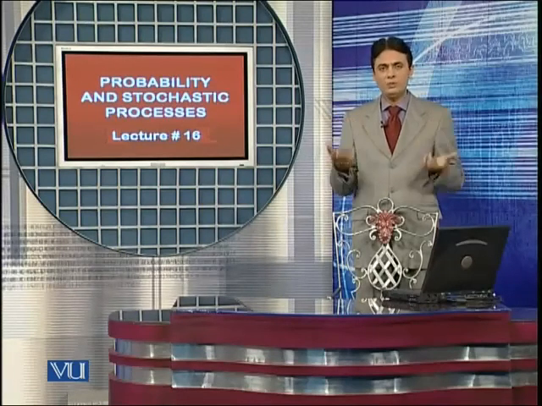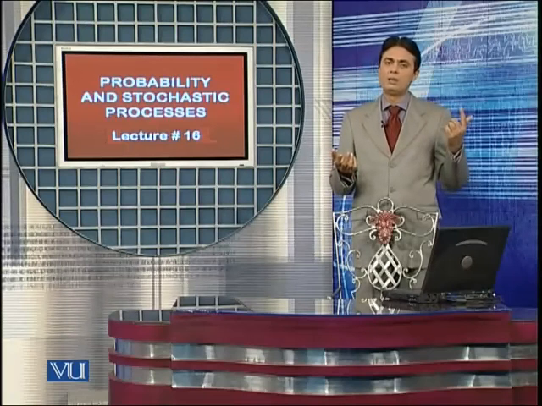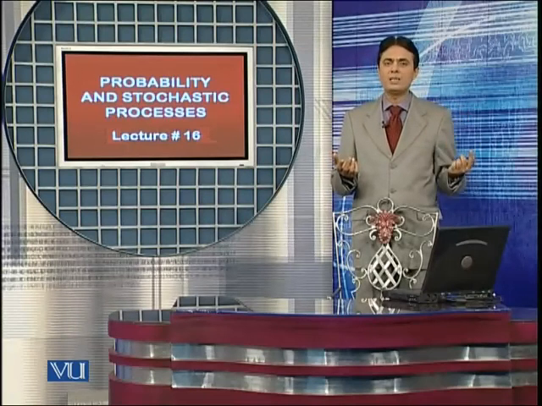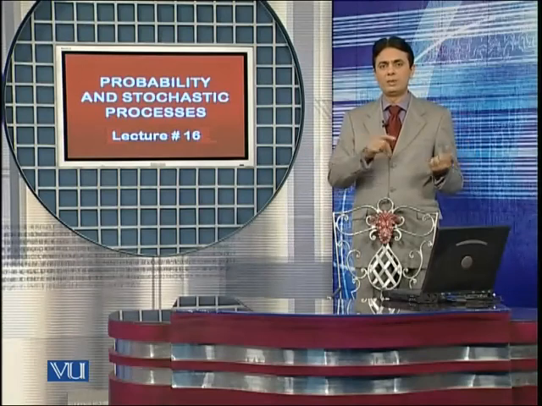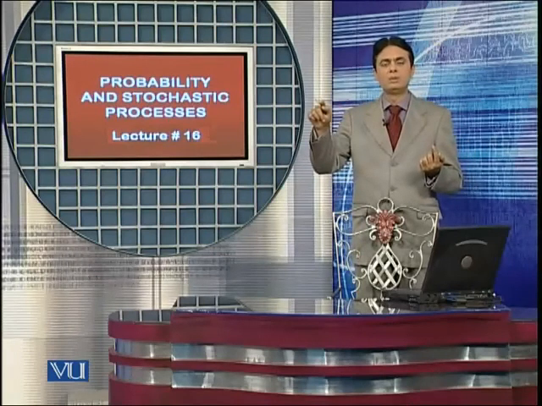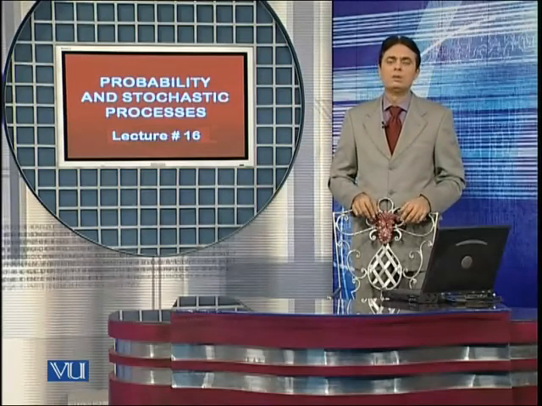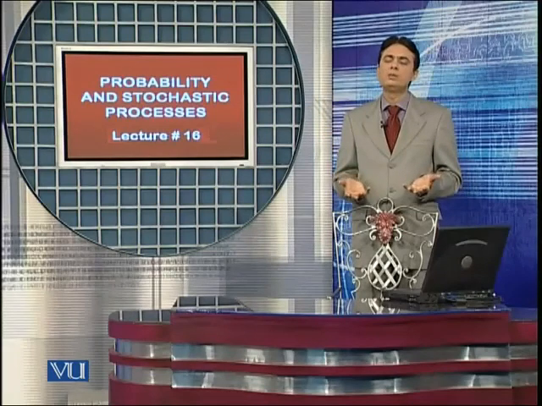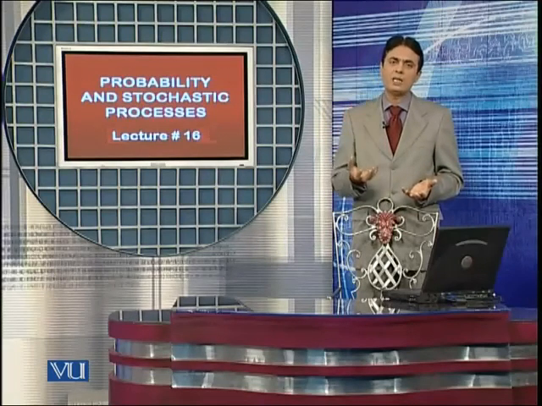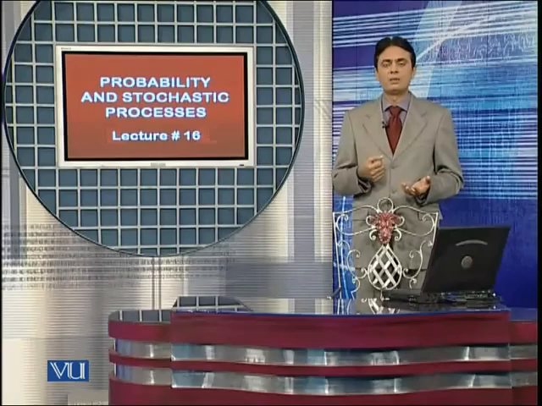So this uniformly distributed random variable takes on values from minus a to plus a. So it's uniform with height of 1 over 2a, and the extent is from minus a to a. Since this is zero mean, all you need to do is find the second moment, and it will be variance.